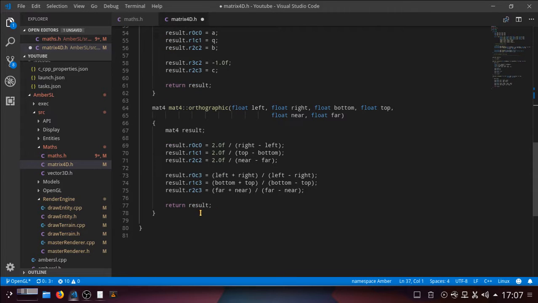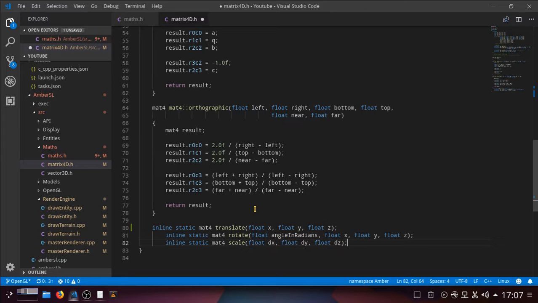Yeah, here we go. Orthographic, I've got space, good. Just add them in. You can take the inline static off them all. This computer already knows that.